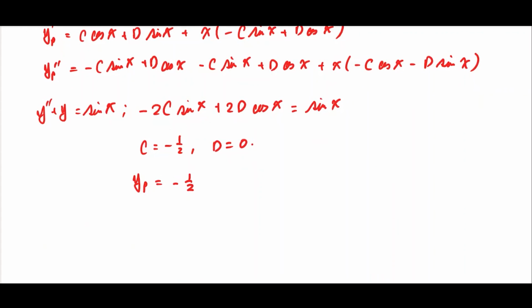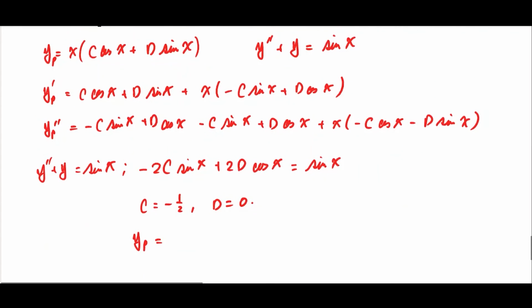What? Oh, we had x. See, up here I had x. So I'm going to say x times minus 1/2 cosine of x. See, that turns out to satisfy this equation.